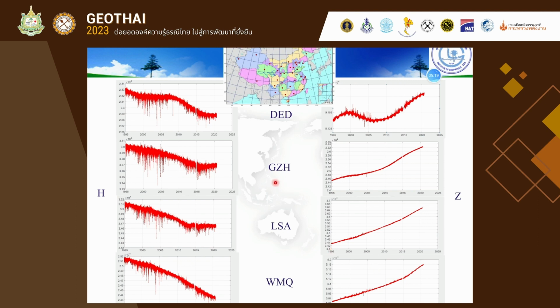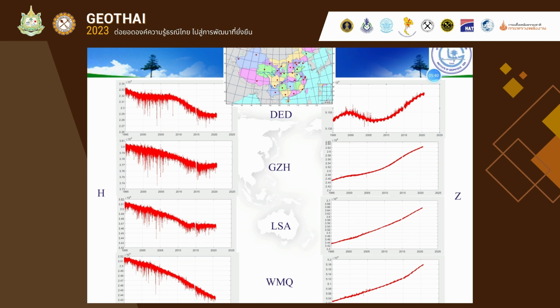And this character is also in the horizontal component, which is reduced in all these four observatories, and also has a little difference here and here.